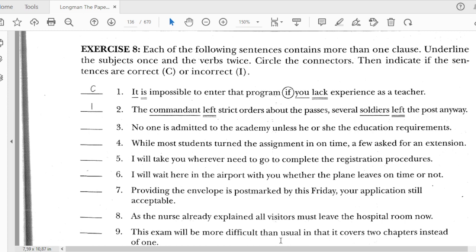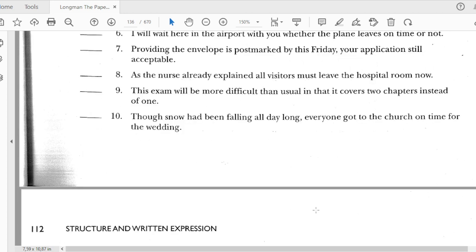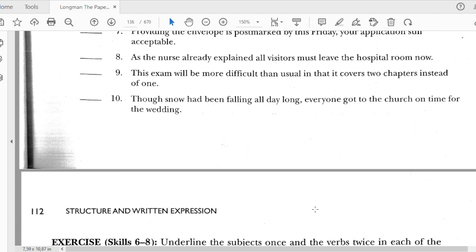Providing the envelope is postmarked by this Friday, comma, kata sambungnya nggak ada, so it's incorrect. Number 8. As the nurse already explained, all visitors must leave the hospital room now. Correct.